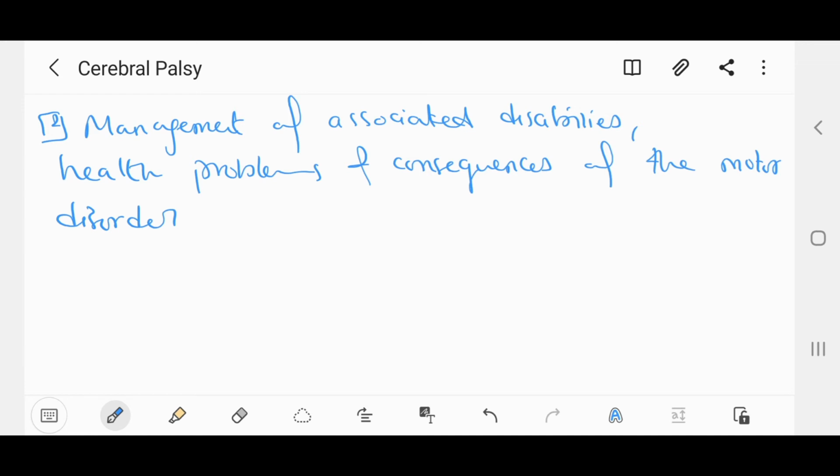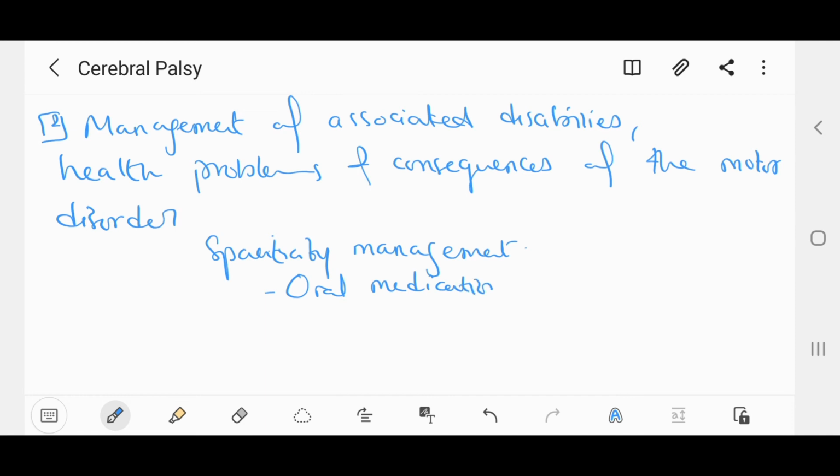Also, consequences of the motor disorder, such as drooling, incontinence, orthopedic problems. They might need surgery at some point. Also, the spasticity management, which aims to improve function, comfort, and care, and requires a team approach.